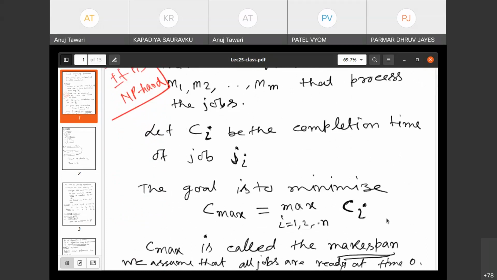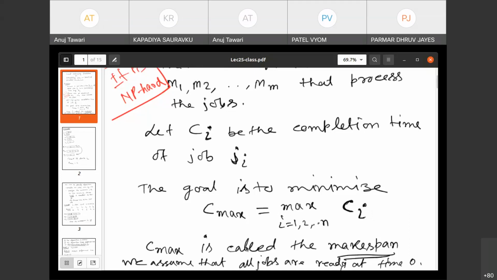So we want to find the maximum among all Ci's. At least one machine will be running for this much time, and we want to minimize the maximum over all Ci's, because we want to save power, or let's say these machines consume power or other resources. So we want to minimize this maximum value.